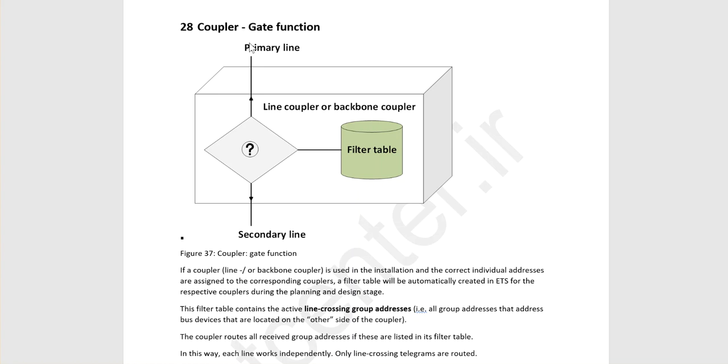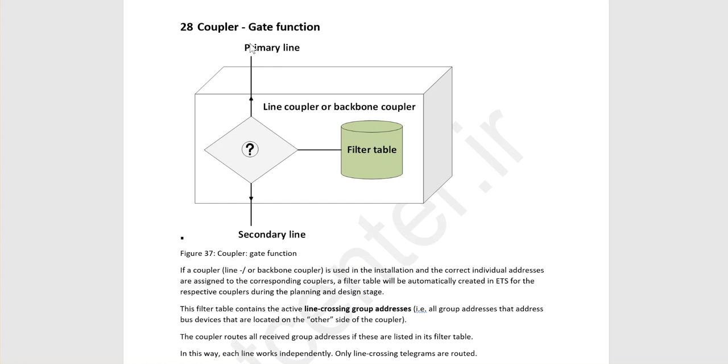The filter table is provided by the line coupler, backbone coupler, and IP router. So the book said if a coupler is used in an installation and the correct individual addresses are assigned to the corresponding couplers, I already mentioned the individual address, a filter table will be automatically created in ETS according to your links between the sensors, actuators and controllers in group addresses.